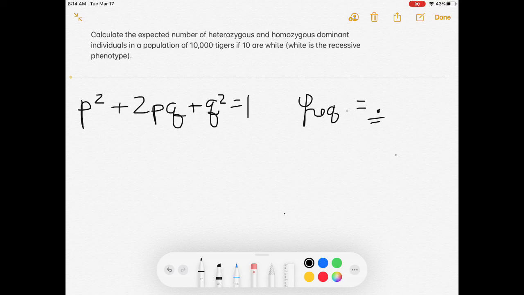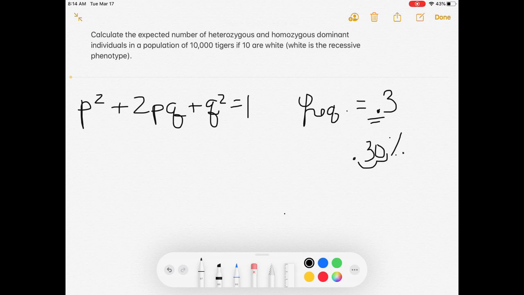They may be represented as percentages as well, but we're always going to convert a percentage into a decimal. So if it says something like 30% of the population has this, that would be a frequency of 0.3. You just move the decimal place over.